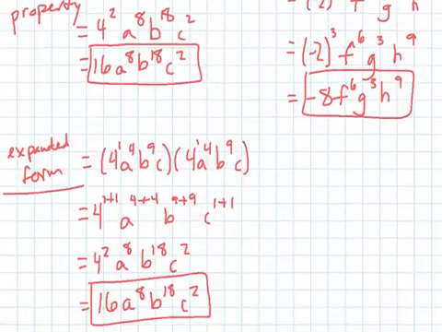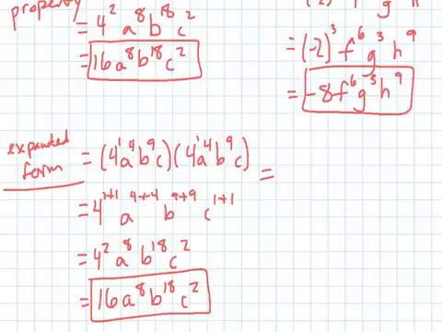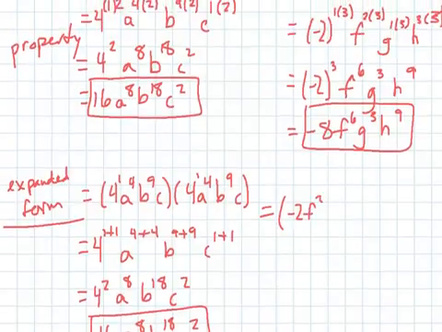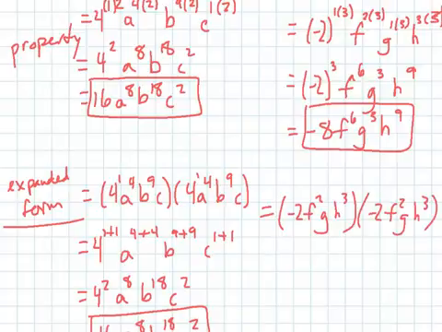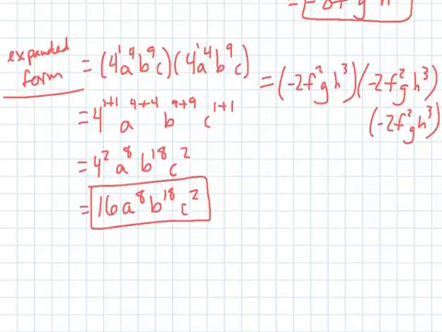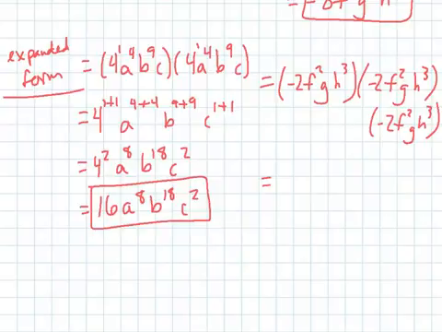Okay? So then expanded form, I do the same thing except negative 2f squared gh cubed times negative 2f squared gh cubed times negative 2f squared gh cubed. Okay? So here I have negative 2, 1, 1, 1. So I have negative 2 to the 1 plus 1 plus 1 power.